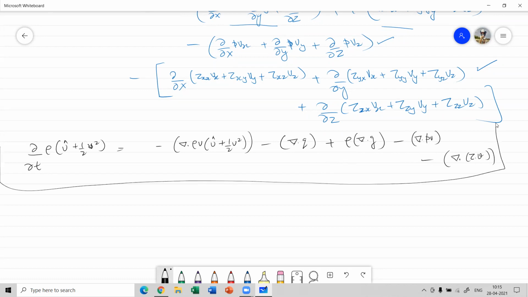So this is the entire equation which can be represented in the vector notation form.